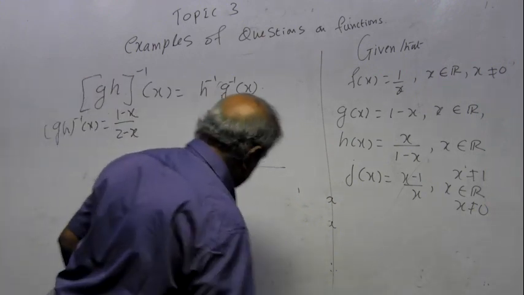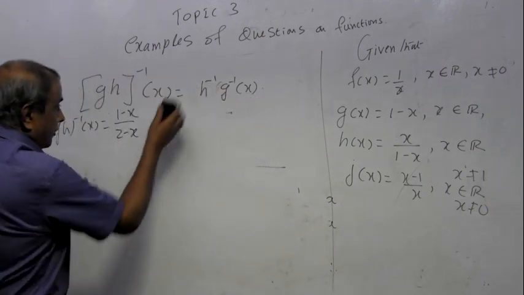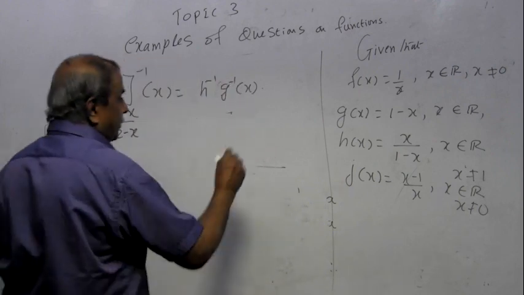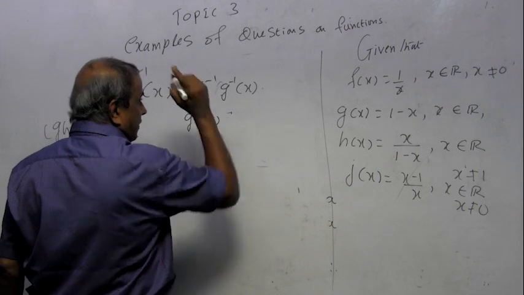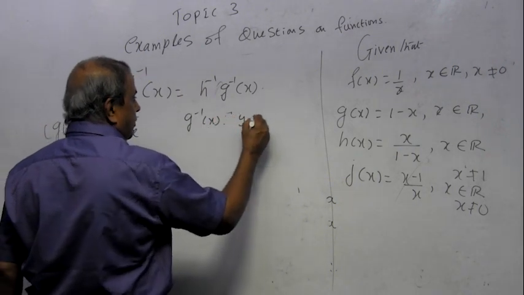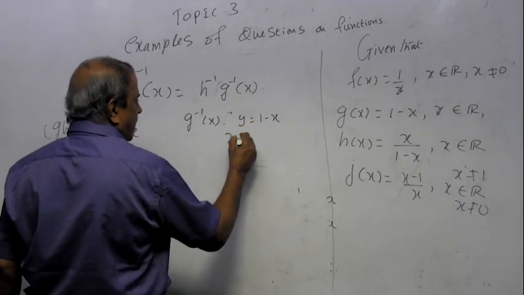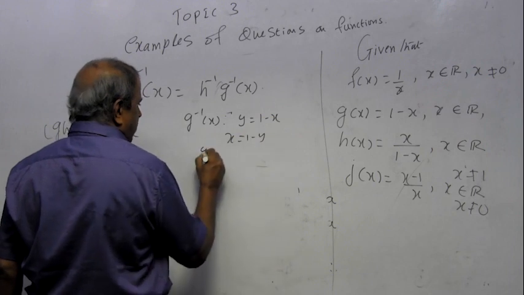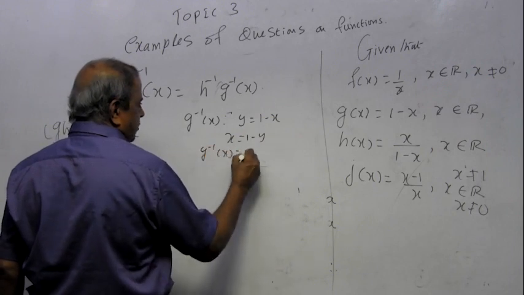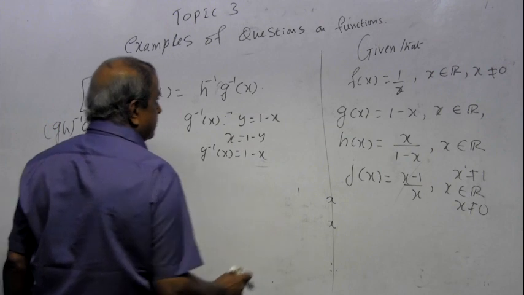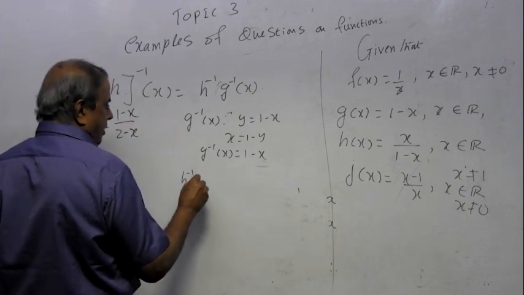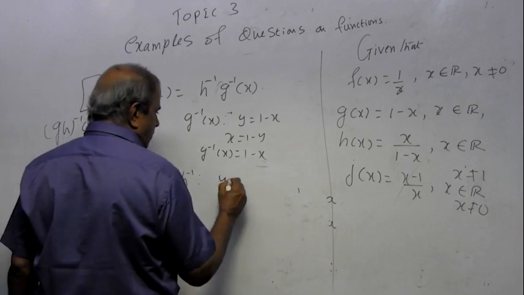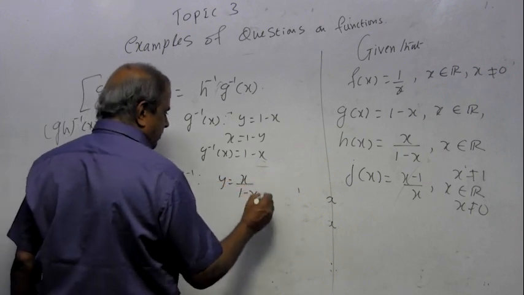Okay. But then I have to do the other one. First find g inverse of x. We did it in the beginning, so start with y equal to 1 minus x, x equal to 1 minus y. So g inverse of x is 1 minus x. And I want h inverse of x. To do that, y equal to x over 1 minus x.